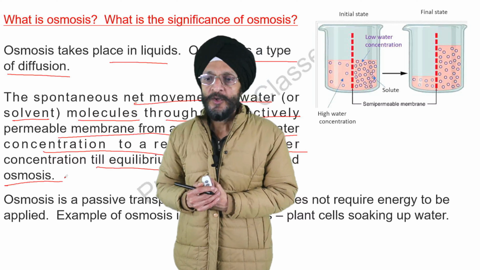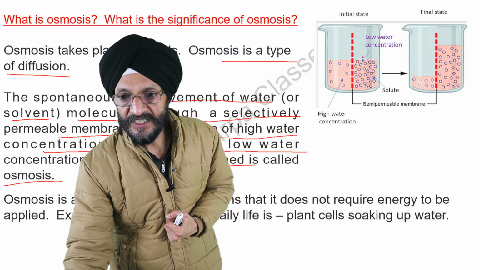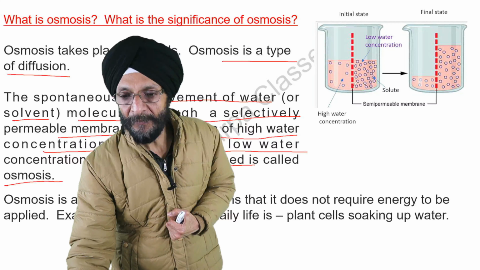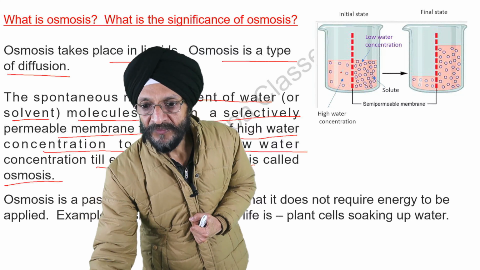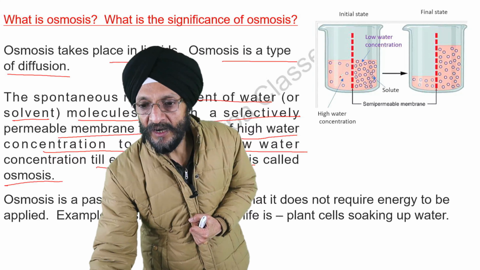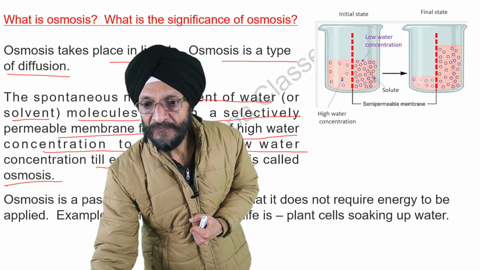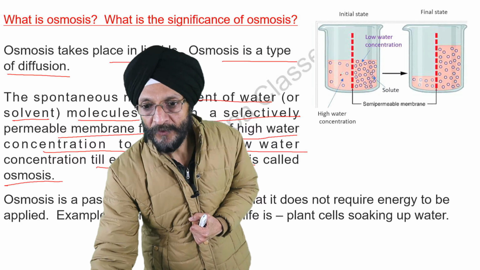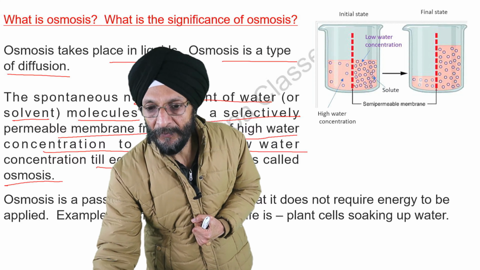In this picture, you can see that this is the semi-permeable membrane. So in this part, you can see that solute particles are in less concentration and water is more. And this is a semi-permeable membrane.